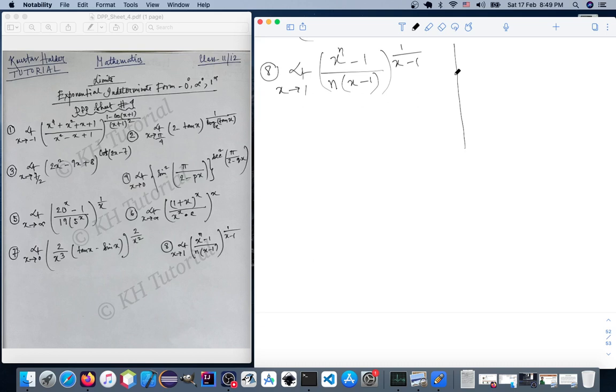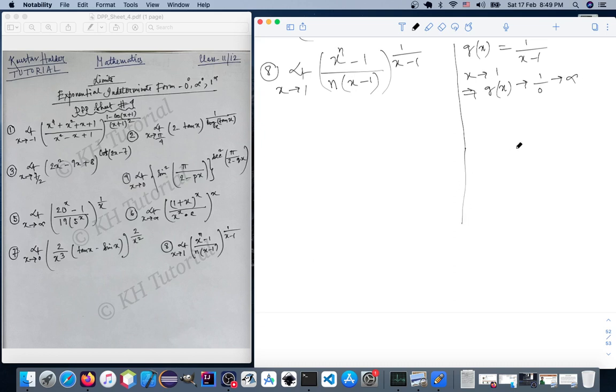Gx is definitely tending to infinity. So we must have the fx tending to 1, but it's better to check that out. X tending to 1 implies Gx tending to 1 by 0 tending to infinity.